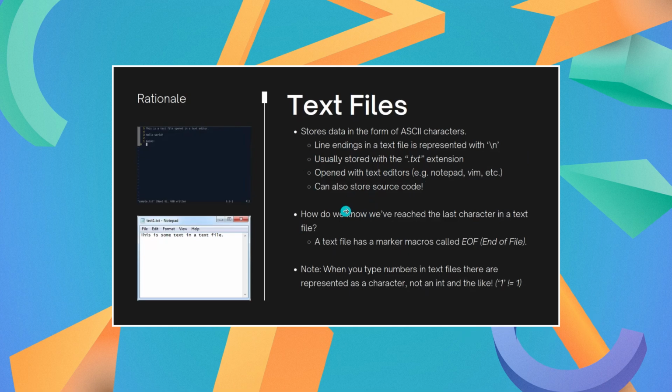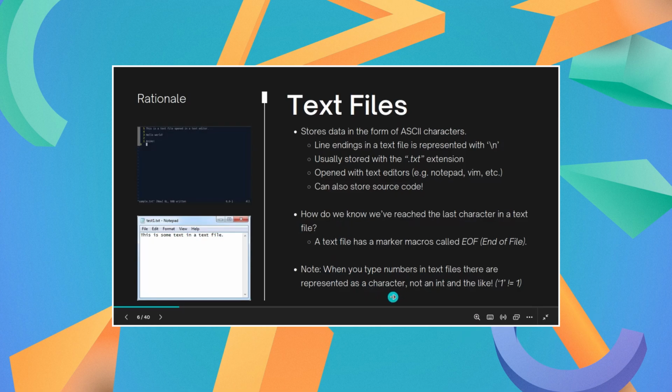At the same time, how do we know that we've reached the last character, the end of the file? Well, text files have a marker macro called EOF, or end of file, that indicates that, hey, we've reached the end of the file. Now, when working with text files, since we're working with ASCII characters, it's important to recall that when we type in numbers in text files, we're representing them with their ASCII equivalents, their character equivalents.